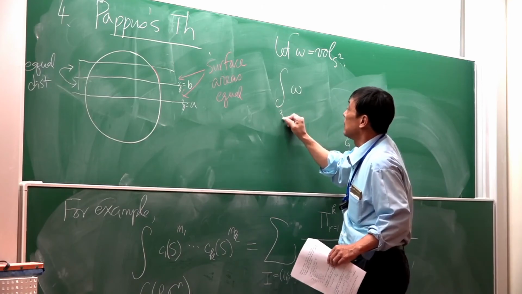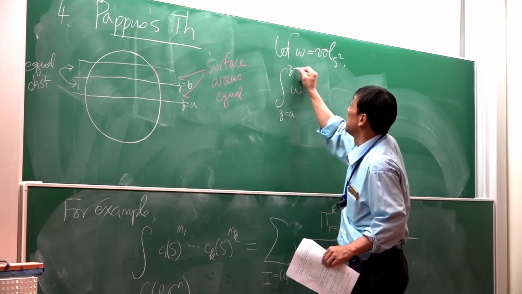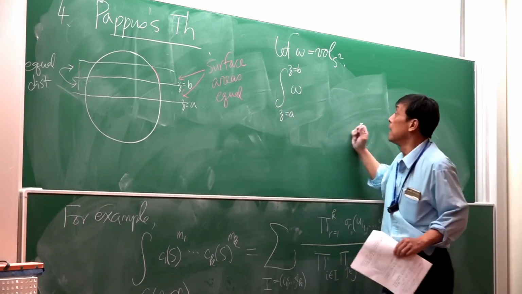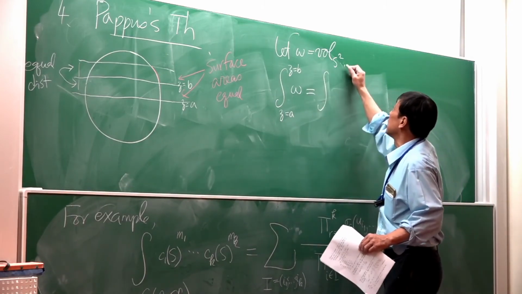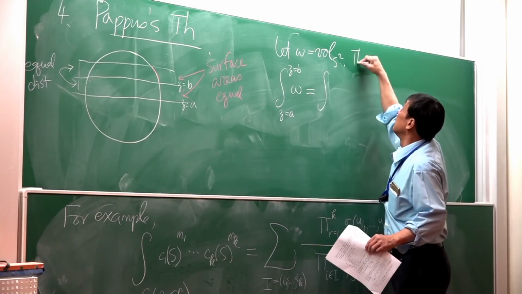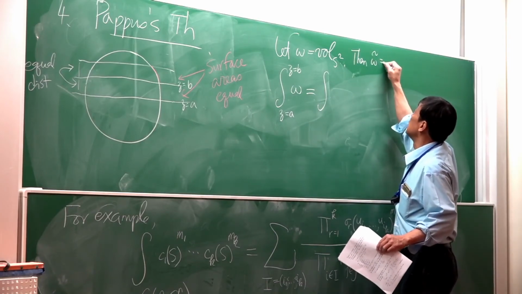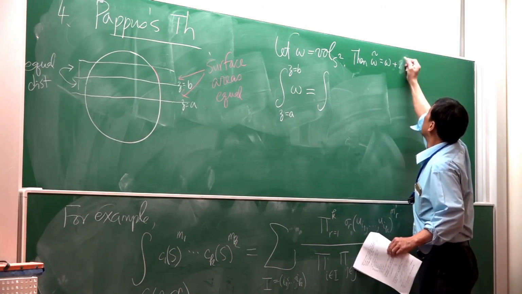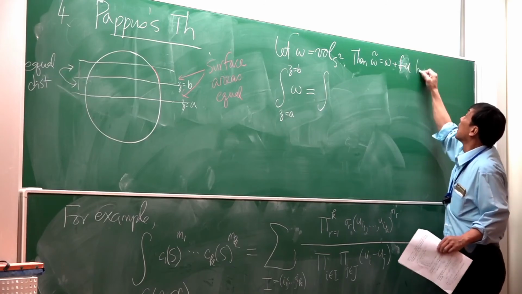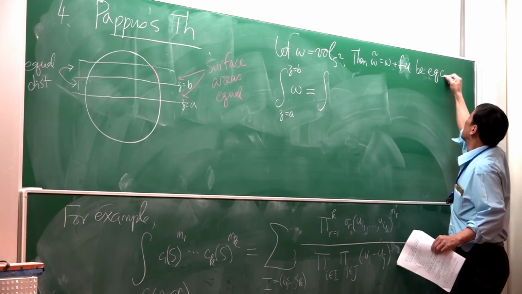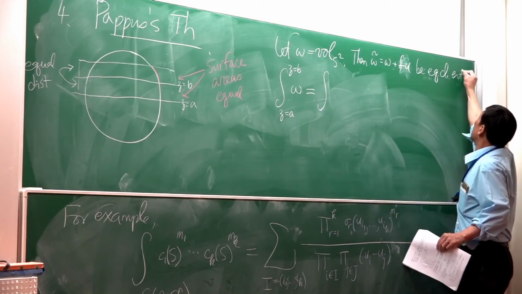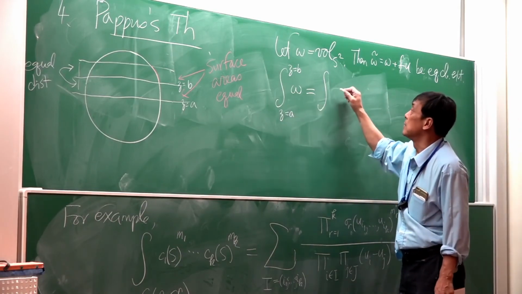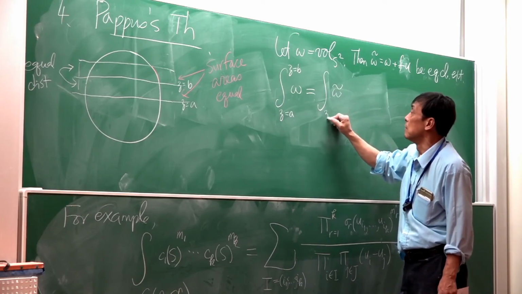You want to calculate the integral of omega between Z equals A and Z equals B. You can find its equivariantly closed extension, and then this integral is the same as this integral.